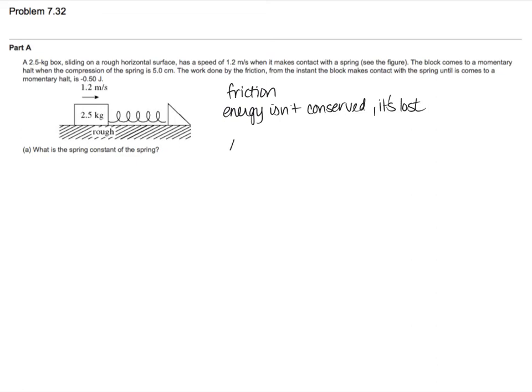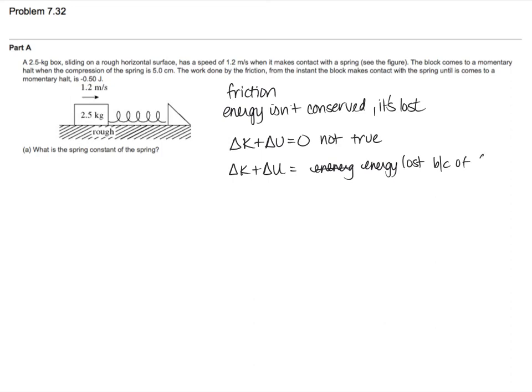So conservation of energy says that the change in kinetic plus potential is 0. This is not true here. Here, the change in kinetic plus the change in potential is equal to the energy lost because of friction.